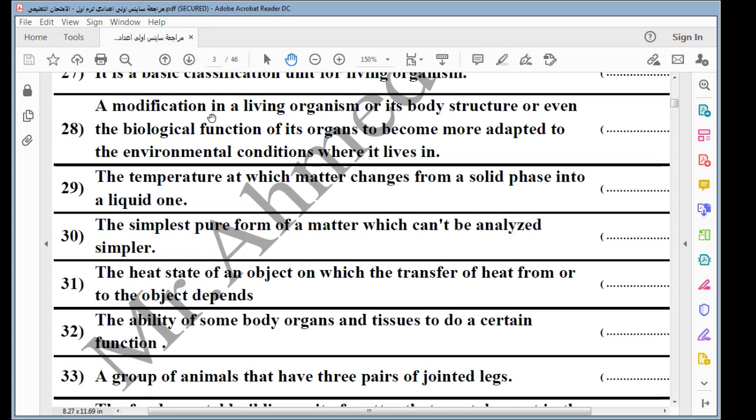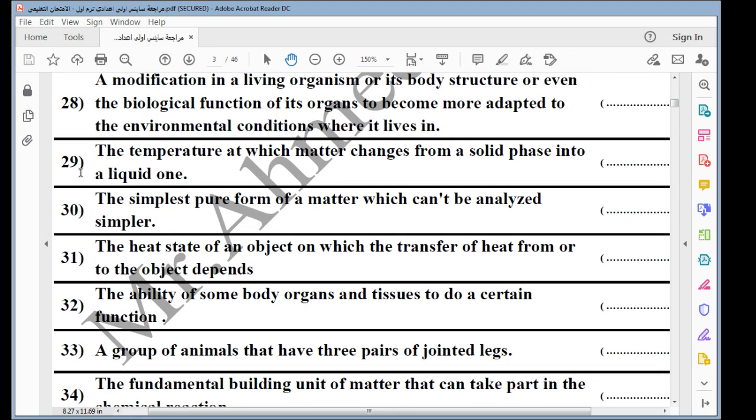Number 28. A modification in a living organism or its body structure or even the biological function of its organs to become more adapted to the environmental conditions where it lives in. Of course, this is adaptation. Number 29.